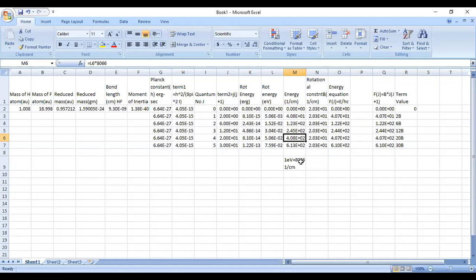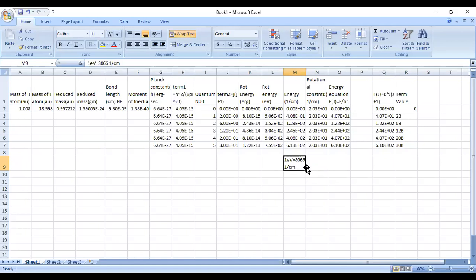And I am asking you to please derive this conversion factor: if you have the energy of the incident radiation, let's say of the order of 1 electron volt, what will be the corresponding wave number of that radiation?